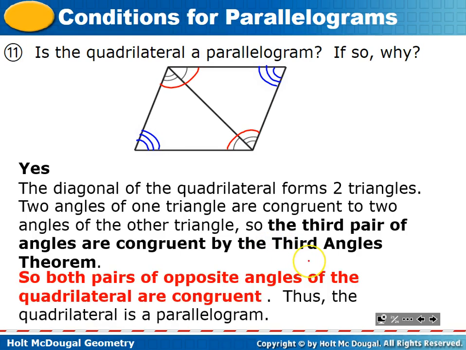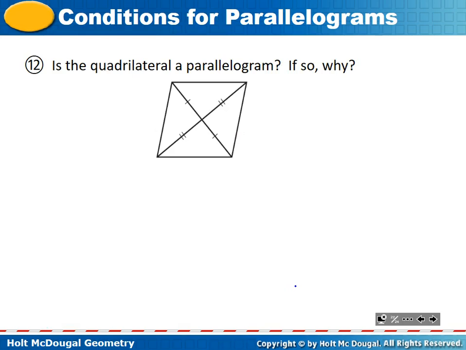So recall again that you better be writing the third angles theorem as the reason why you said that those third angles were congruent. And it's a parallelogram because both pairs of opposite angles are congruent.